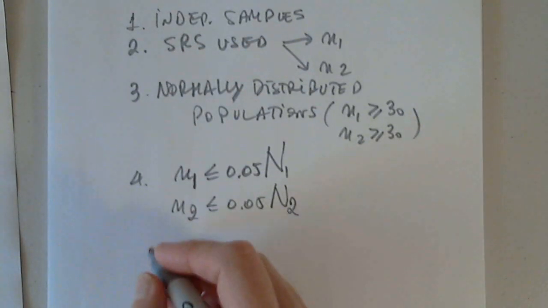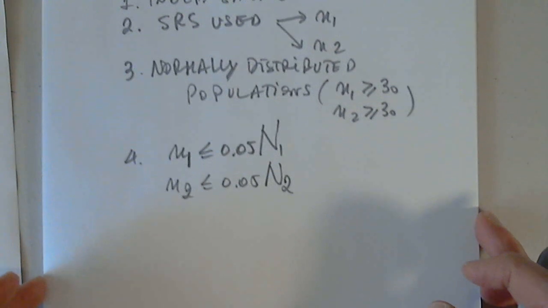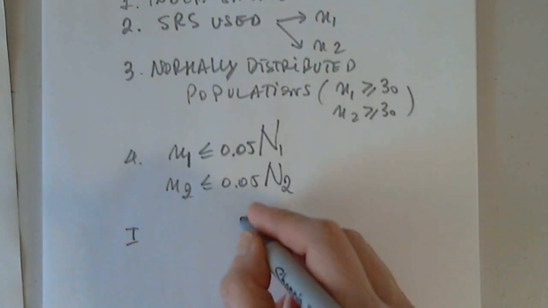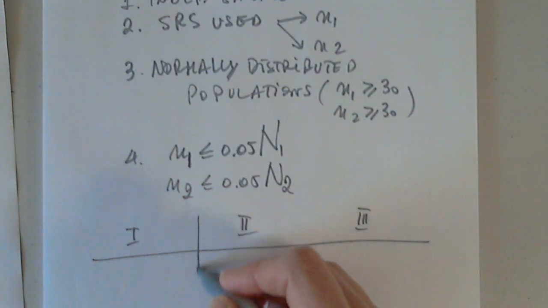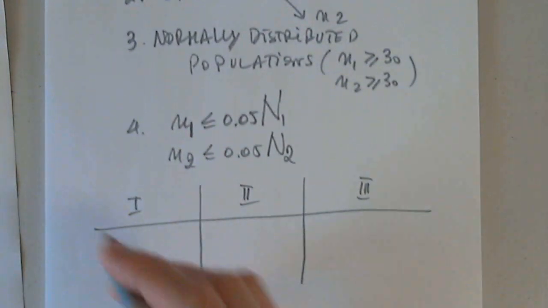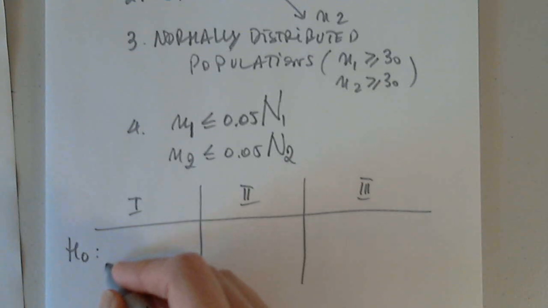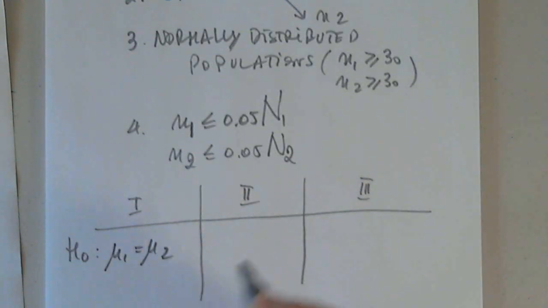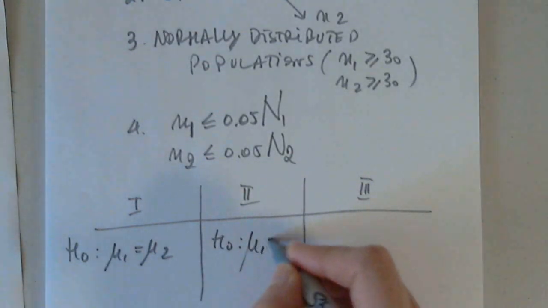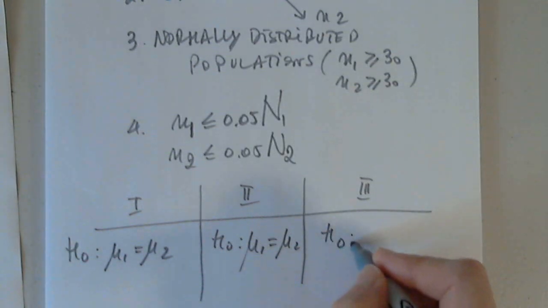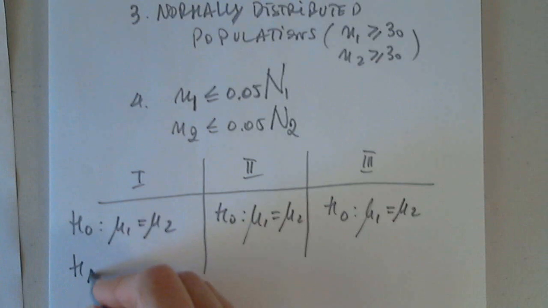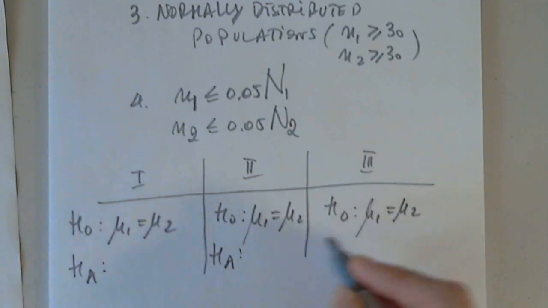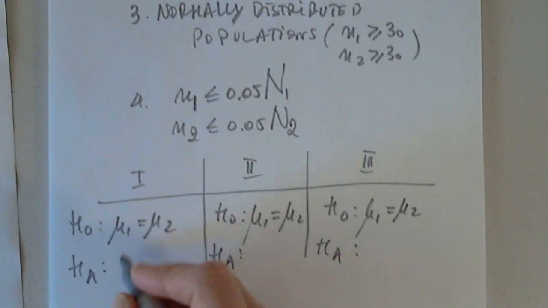In that case, what are the possibilities now? What are we talking about? We're talking exactly about the same 3 options. When the null hypothesis says mu1 equals mu2 in all of them, and the options for the alternative are exactly the same as always.